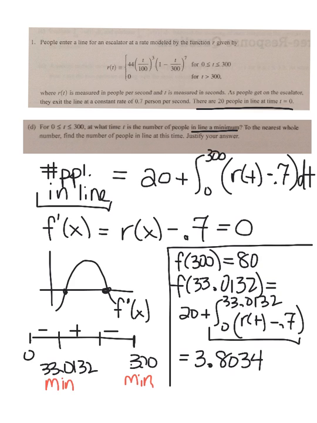Okay, so let's read the question again. It says, to the nearest whole number, find the number of people in line at this time. Okay, now let's go back. We have two options. Are we going to say it was 80 people? Or are we going to say it was, to the nearest whole number, 4 people? Okay, and they want to know when we have a minimum. Well, 80 is certainly larger than 4.